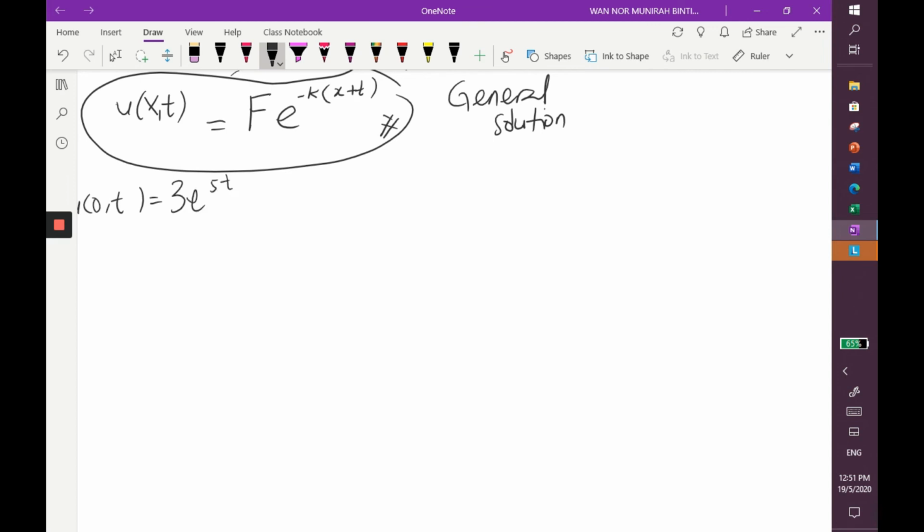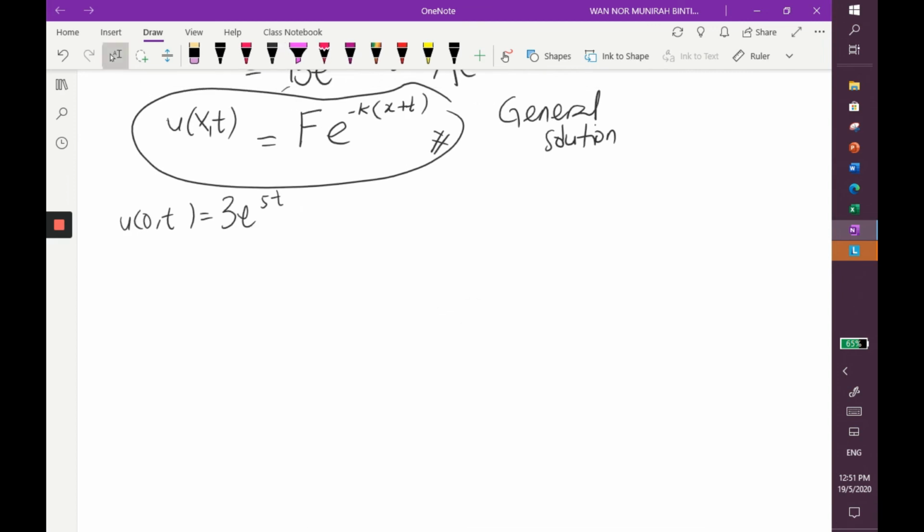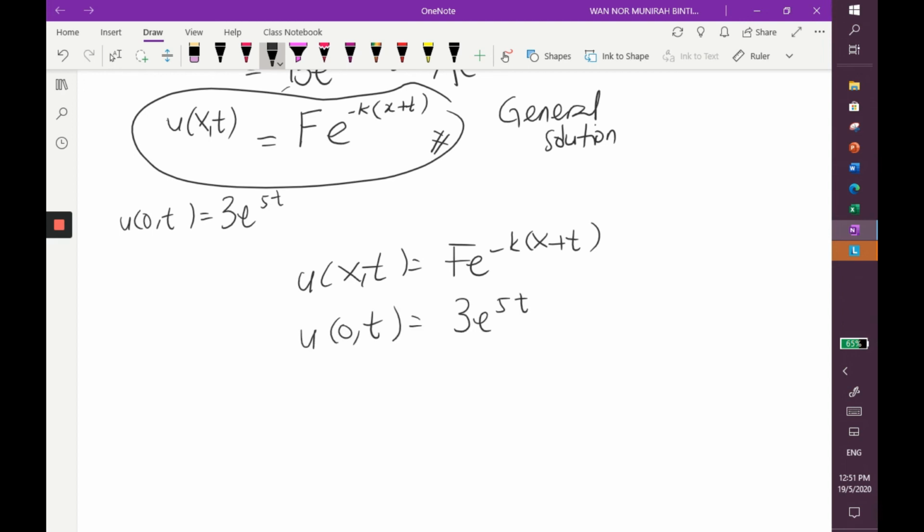3 e 5t. Okay. So in order to get the particular solution, look here class. The solution is u x t equals f e negative k, x plus t. And the condition that you are given is u 0 t equals 3 e 5t.